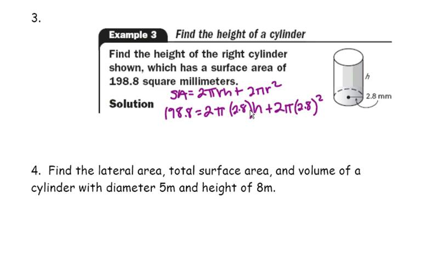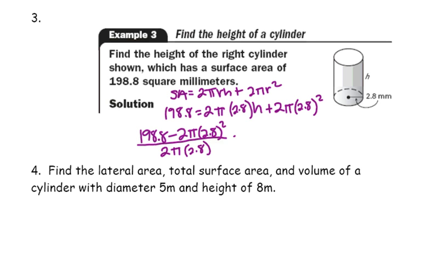So we can actually do it all in one step. We're going to subtract this. So what I'm going to type into my calculator is 198.8 minus 2 pi 2.8 squared, and then we are going to divide by the number in front of the h, so divided by 2 pi 2.8.